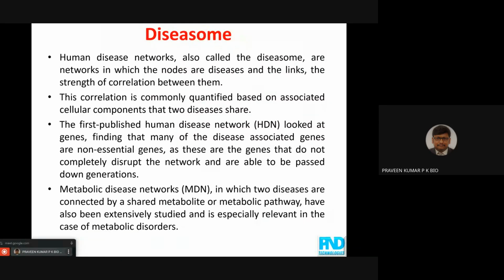Now, the diseasome, which I told you is the human disease network, you can find in this disease network. Earlier in IMPACT, we saw how a plant compound can be used for the treatment of various diseases. That alone we have seen. But the entire details related to the genes responsible for particular diseases, if you work up to this, this is what we call the diseasome.